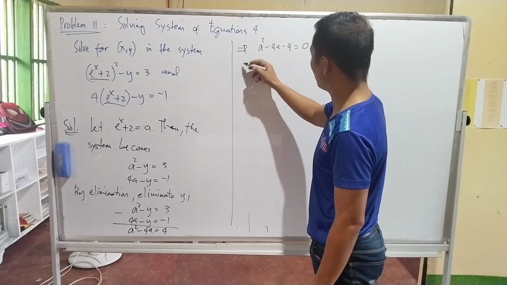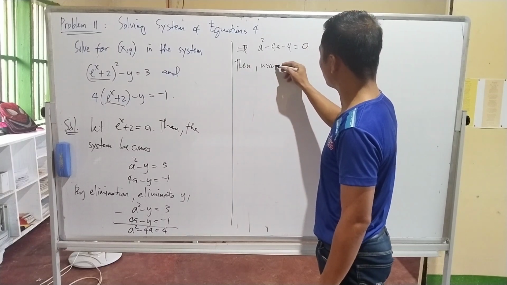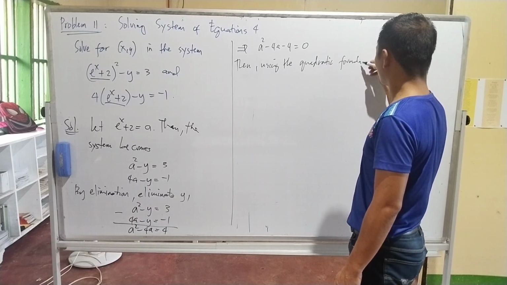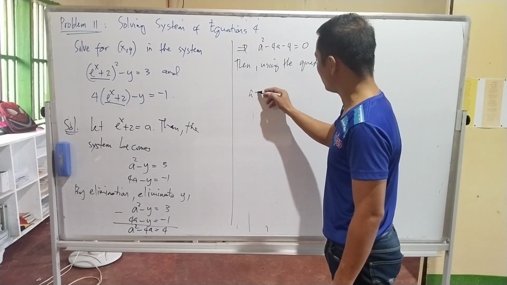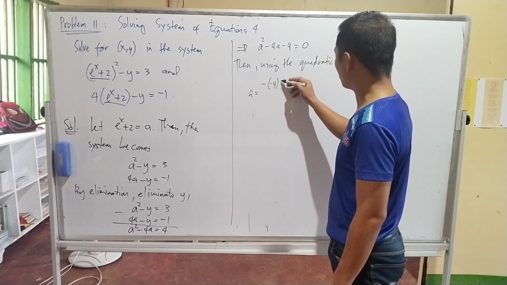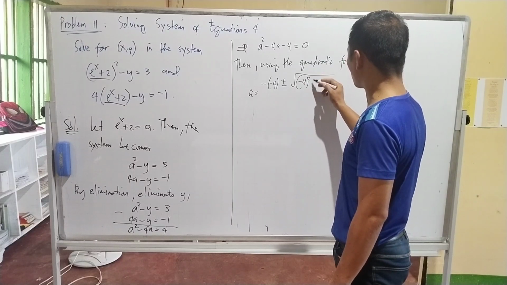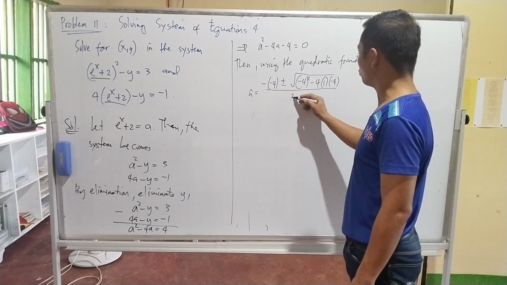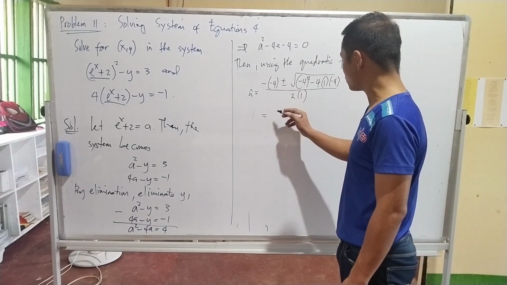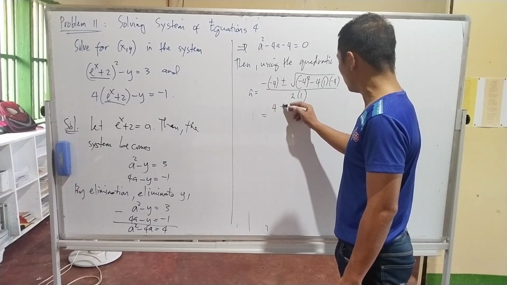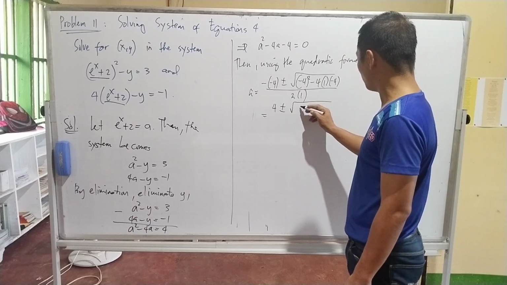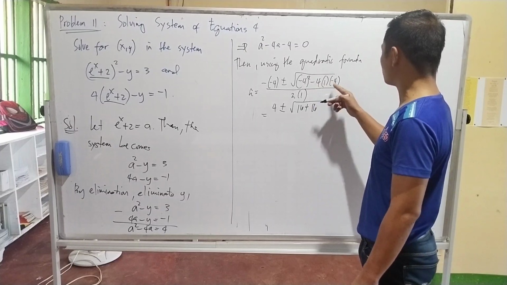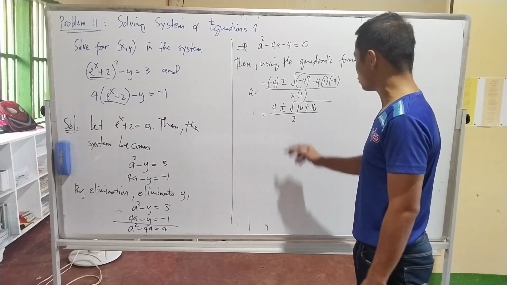Then, using the quadratic formula, we have a = (-(-4) ± √((-4)^2 - 4(1)(-4))) / (2(1)). Simplifying this, negative times negative is positive 4, plus or minus the square root of 16 plus 16, because -4 times -4 is positive 16, over 2 times 1, which is 2.